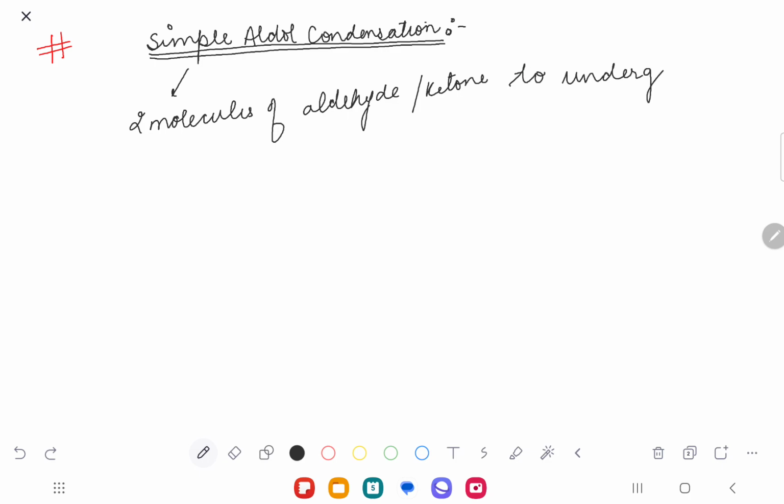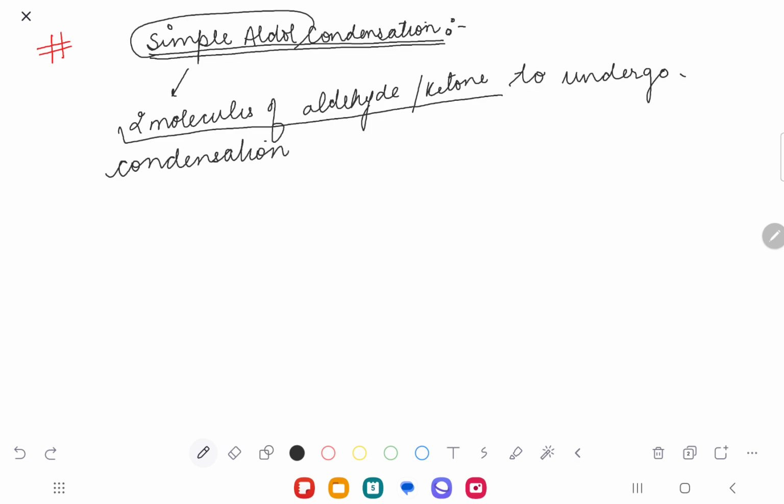That is what you understand by the term simple aldol condensation.